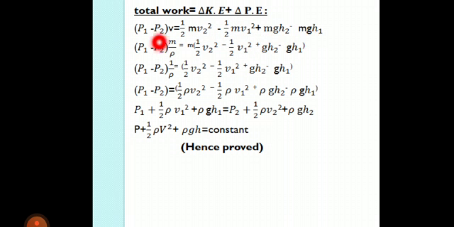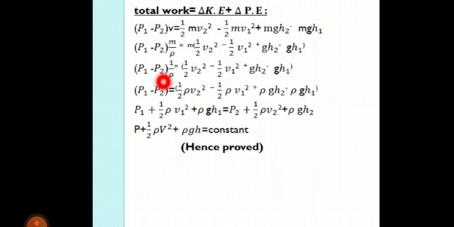We know that volume equals m over rho. So m is common, we take it common from all terms, then it cancels, and the equation becomes (P1 minus P2) equals 1/ρ times (1/2 v2² minus 1/2 v1² plus gh2 minus gh1).